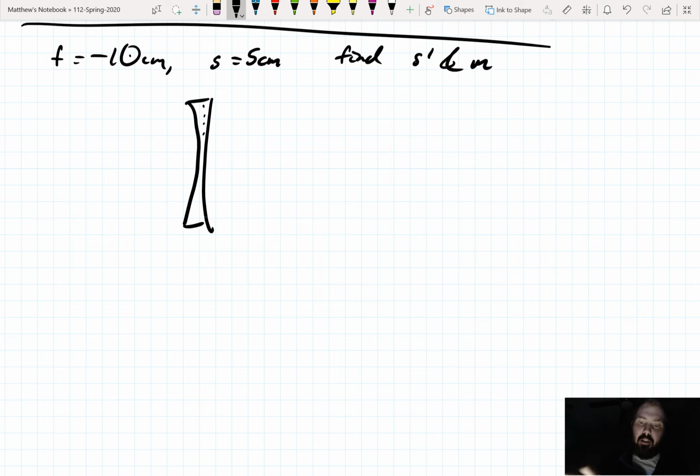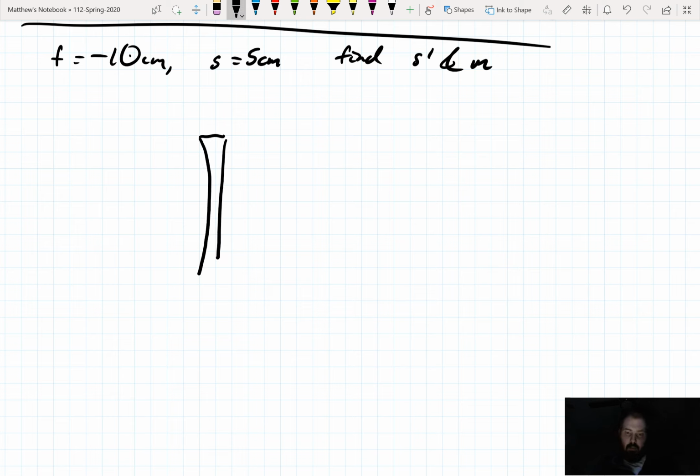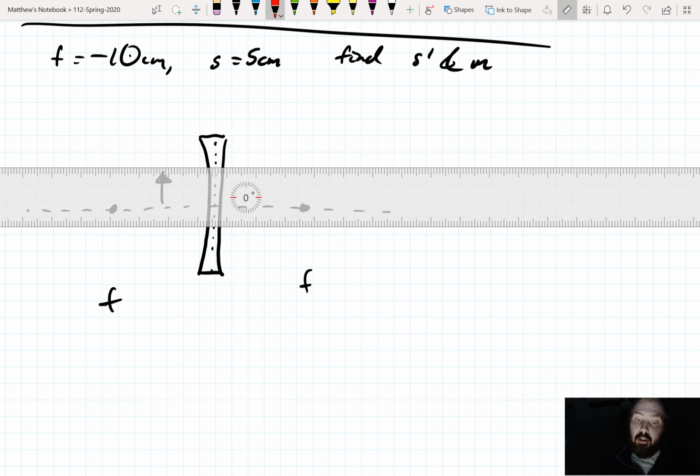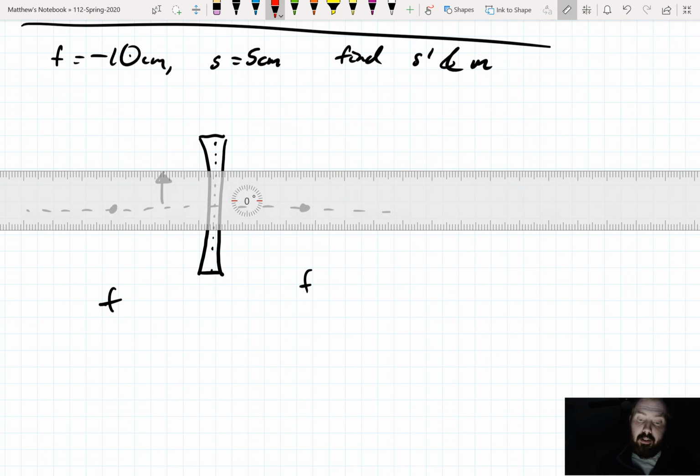Let's give myself a little more space here. So, F, object. Let's start shooting some rays in. All right, let's go parallel to the optical axis.